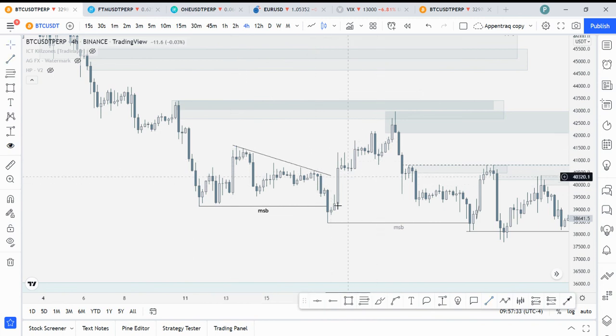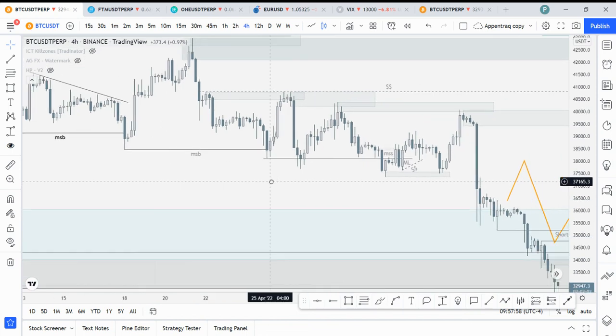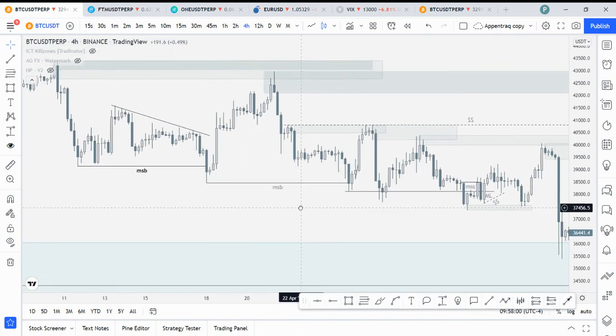Price goes up, trades into the trend line liquidity. You can also see this high here. This is also liquidity. You can see it has induced people to sell, to go short here. Price goes back up, they sold into their order, and then you can see the demand zone held. What happened after? Price continued down.